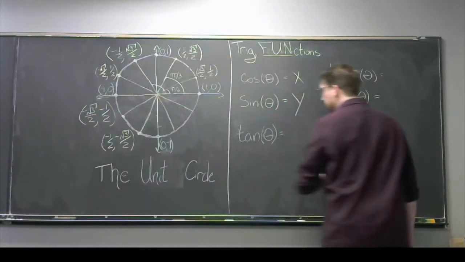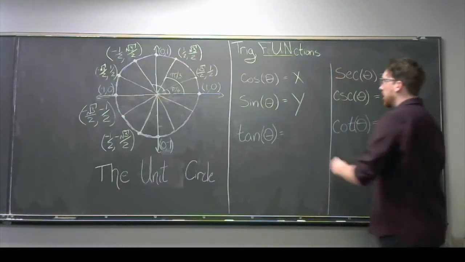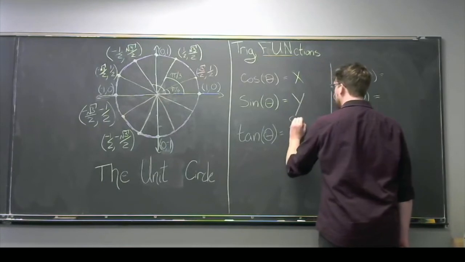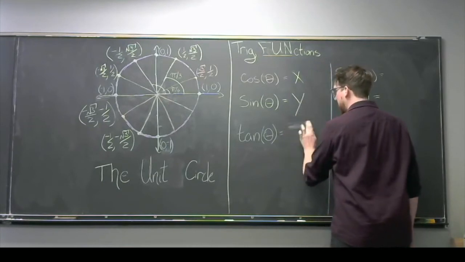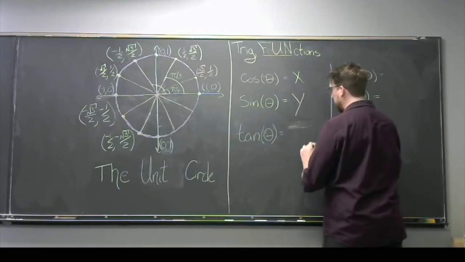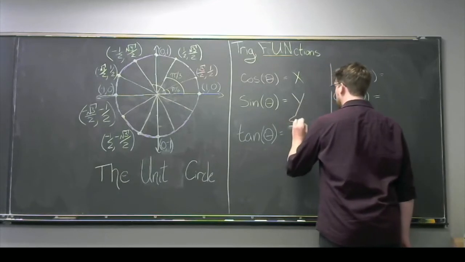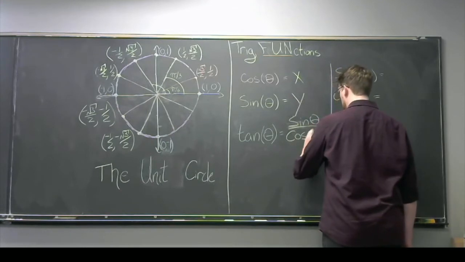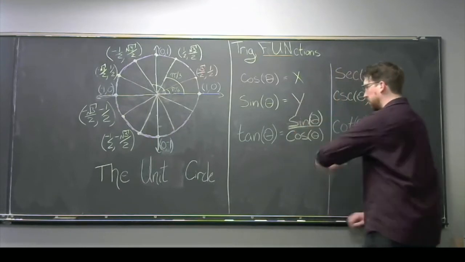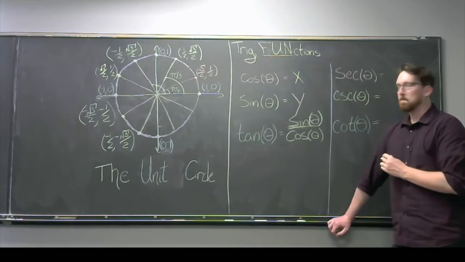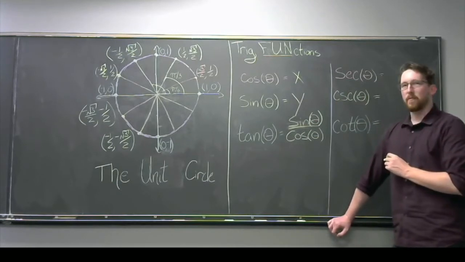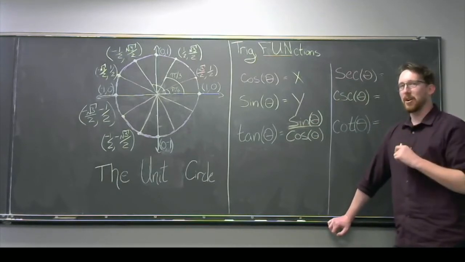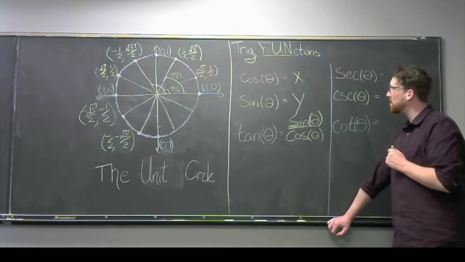So, the tangent of the angle is equal to the sine over the cosine. Sorry about that freeze there. Like I said, I was thinking about how I wanted to tell you all this.